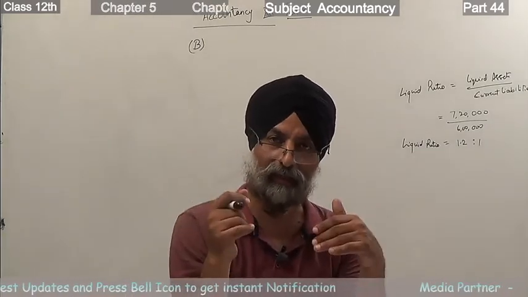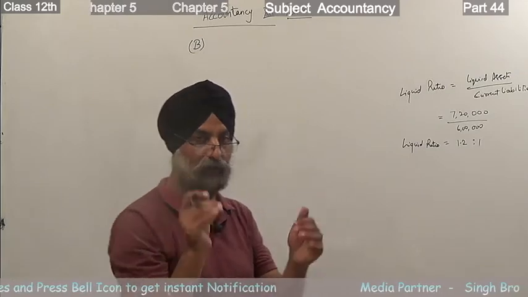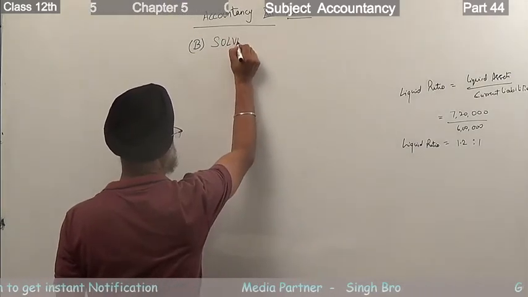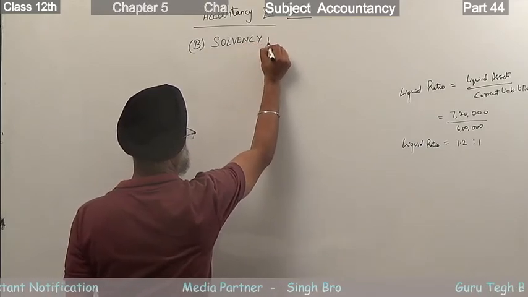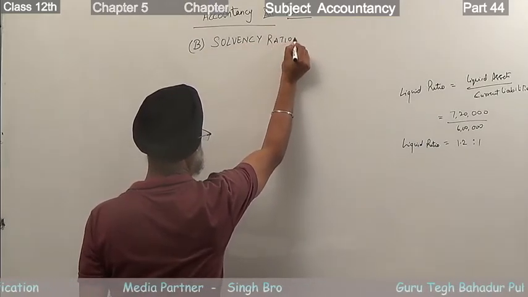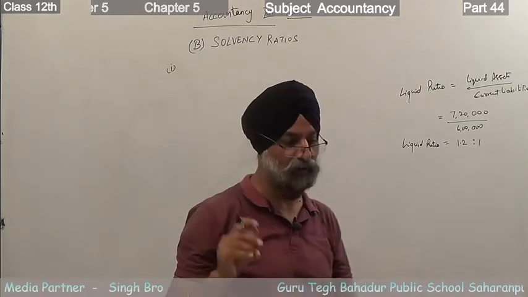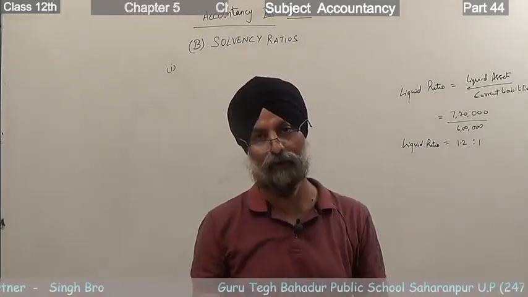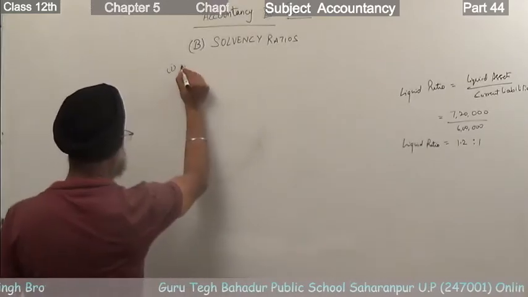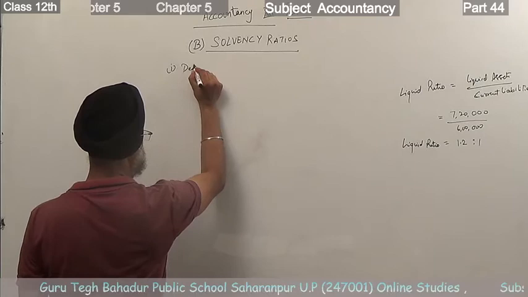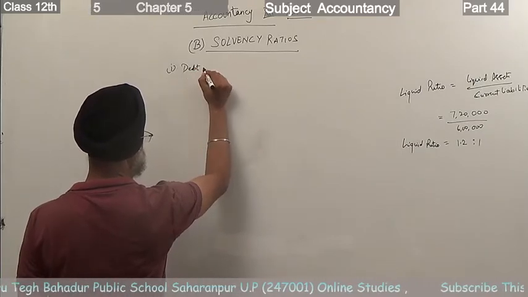Now the second category, that is solvency ratio. In solvency ratio there are some ratios, but the first ratio is debt equity ratio. Under the solvency ratios, debt equity ratio is our first ratio.